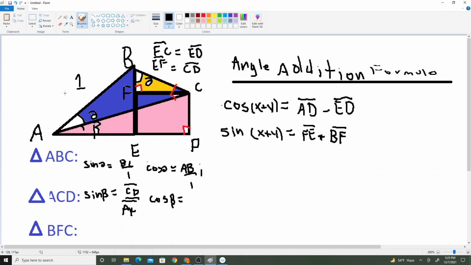This one should have been cosine, so I'm just going to rename it cosine. And this one should be sine. This is cosine, and then this one is sine.